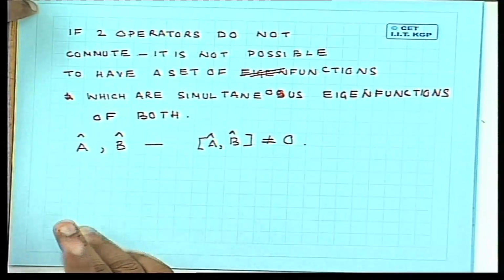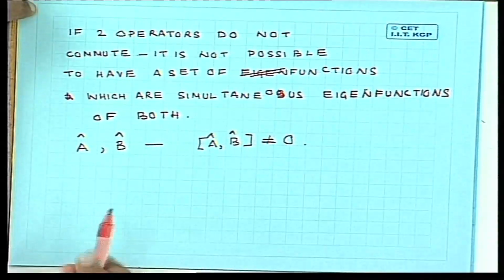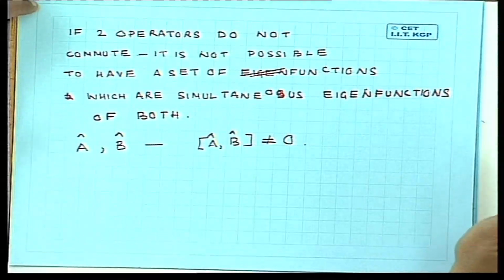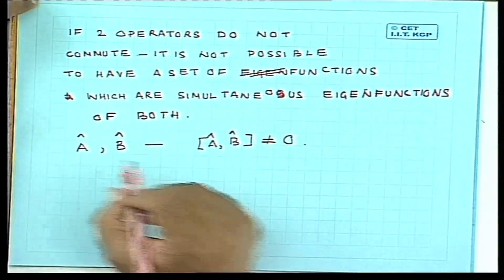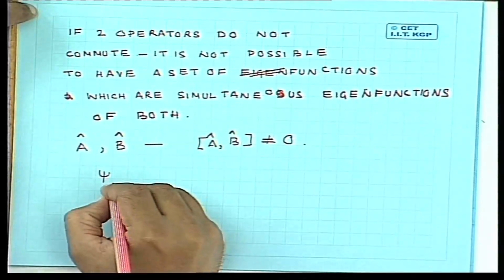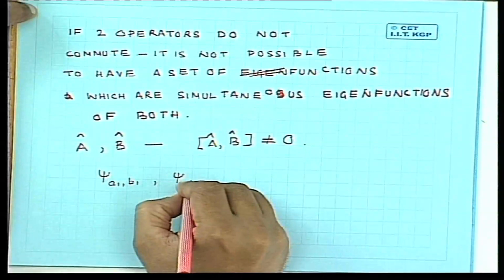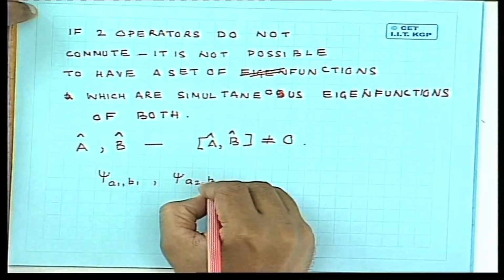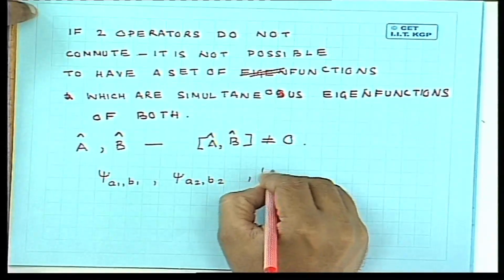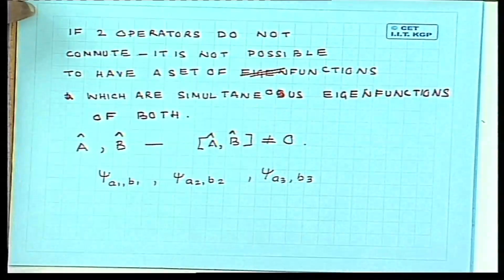Let us suppose that there exists a complete set of functions which are simultaneous eigenfunctions of both A and B. Let us label them psi A1 B1, psi A2 B2, psi A3 B3.